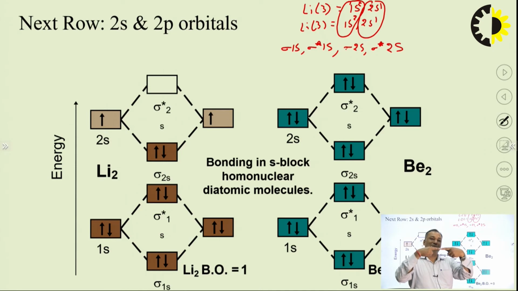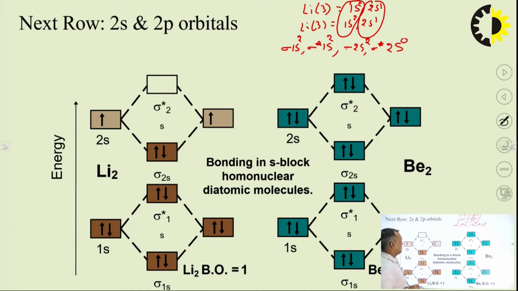So one sigma bond will form and two pi bonds will form. So here only sigma bonds are forming, hence we are writing sigma 1s, sigma star 1s, sigma 2s, sigma star 2s. Total number of electrons: 2, 2, 2, and 0.